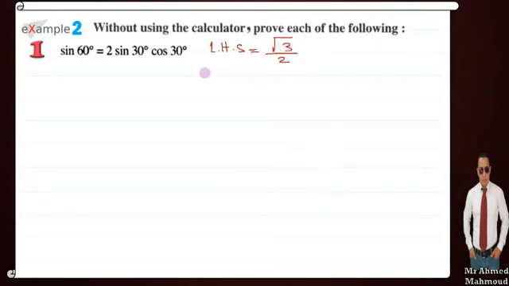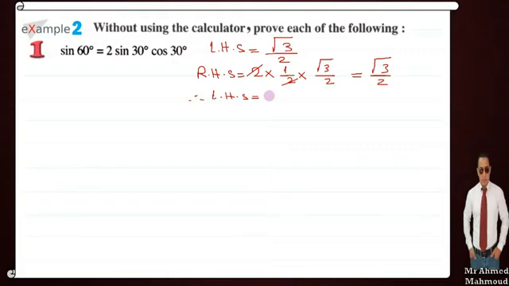Now the right hand side. The right hand side equals 2 times sine 30, which is 1 over 2, times cosine 30, which is root 3 over 2. 2 cancelled with 2, finally it equals root 3 over 2. Therefore the left hand side equals the right hand side.